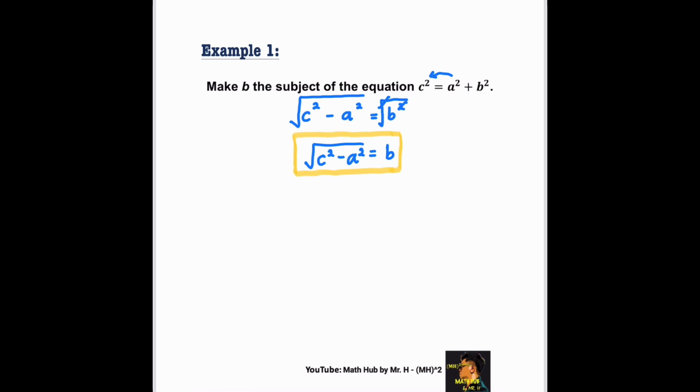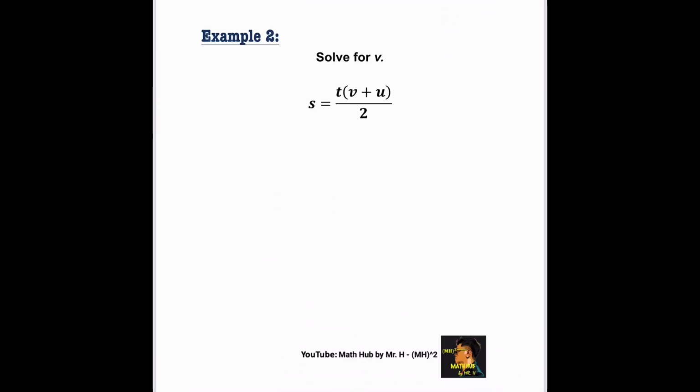So let's take a look at the second example. We're given the equation here, and we need to solve for v, or make v the subject of the equation. The first thing that we need to do is to multiply 2 with the variable s on the left. If you guys remember, cross product or cross multiplication.